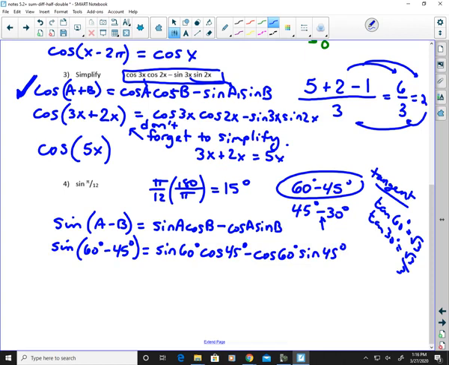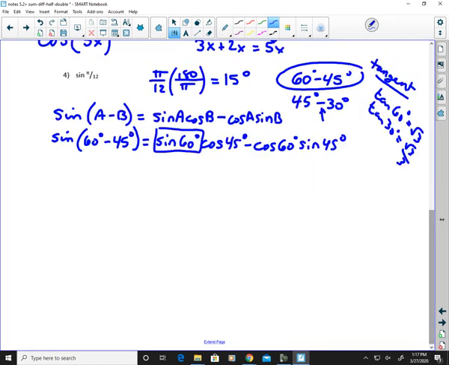And now, if you were here in class, I would have you take out your cards, and you would know that sine 60, and you'd be able to turn it over, and on the other side, you would have a ratio. And on the other side of that 60 card would be root 3 over 2. And root 2 over 2, not with the cosine on it.